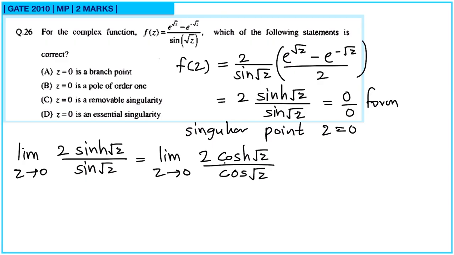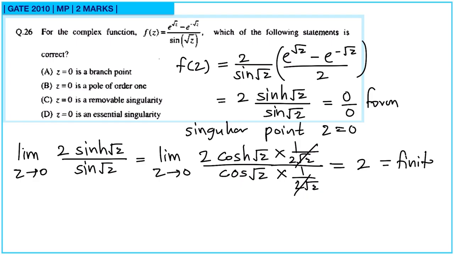Then we also have root z here, so we multiply by 2 into root z, and here also 1 upon 2 into root z. This will cancel out. Now if we put z is equal to 0, these terms will become 1 and we'll get 2 here. Now this is finite.